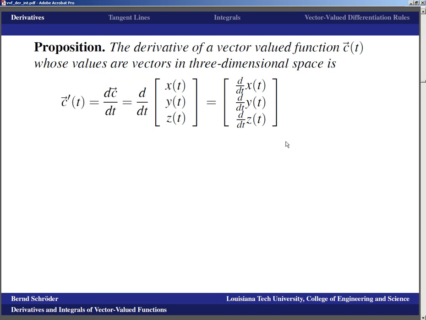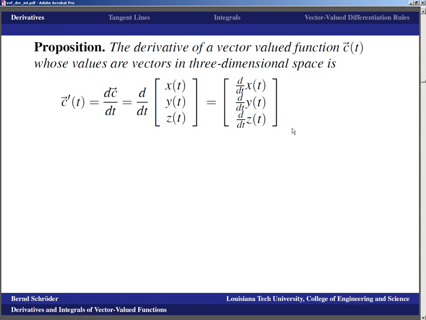So this derivative is nothing but the derivative of x in the x component, the derivative of y in the y component, and the derivative of z in the z component. That means we can sidestep difference quotients and all the issues that come with them and go directly to component-wise differentiation, and that's going to be another reflex when we are working with vector-valued functions.